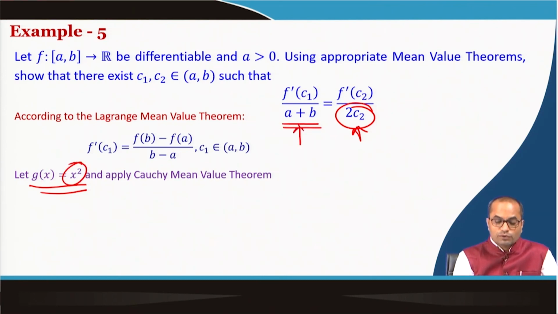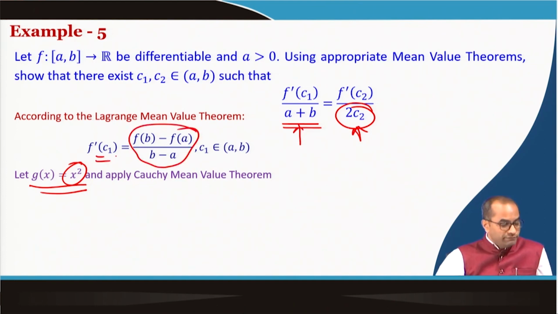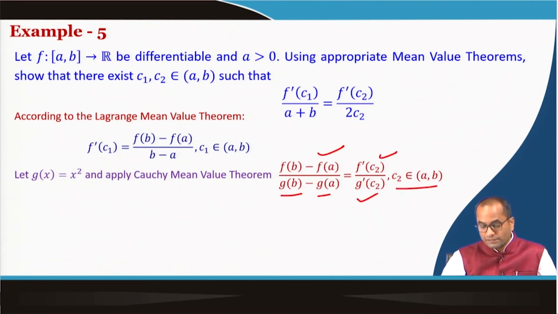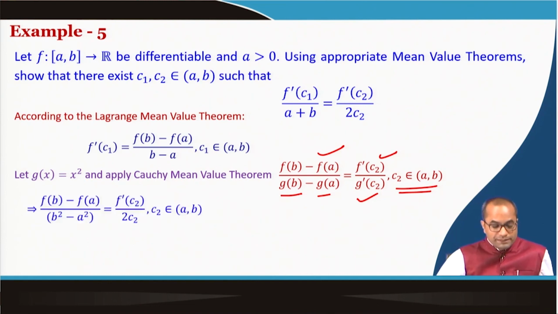From there we will also get a plus b, because the rest will merge into the f prime C1. So, if we apply there, f b minus f a over g b minus g a equals f prime C2 over g prime C2, where C2 belongs to the open interval (a, b).